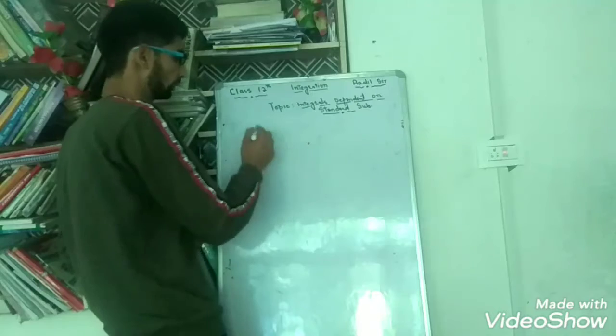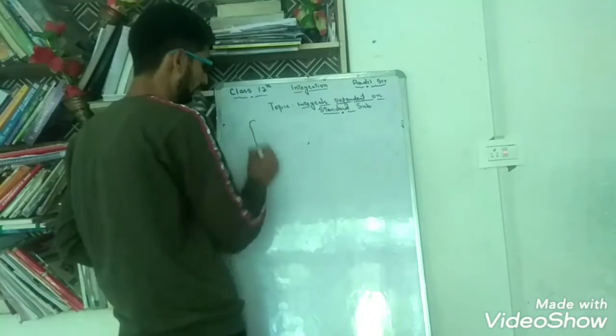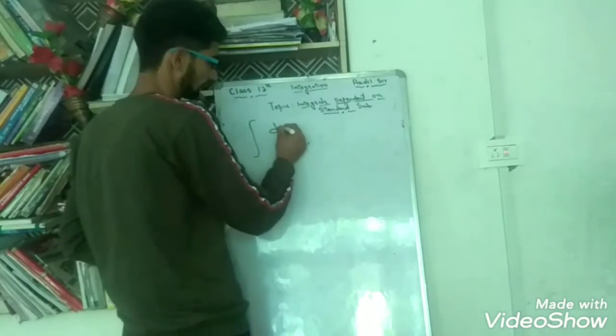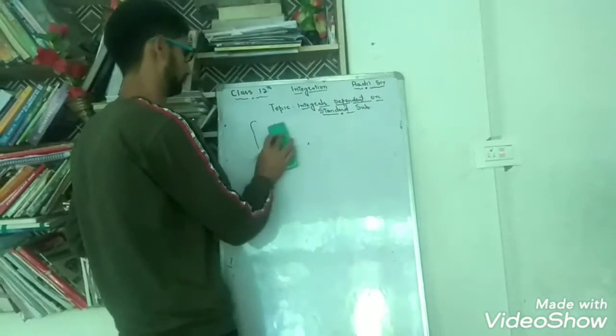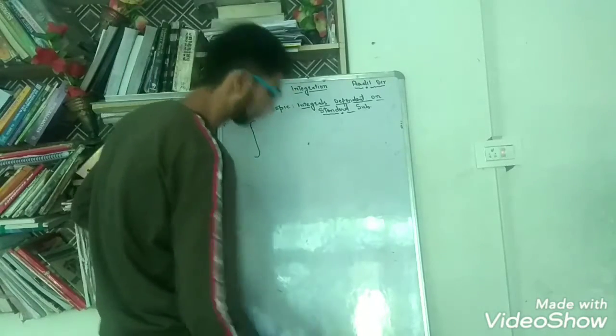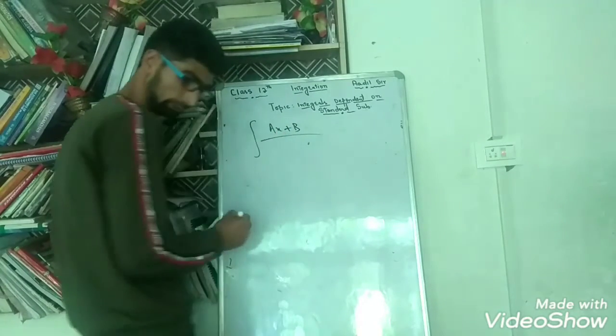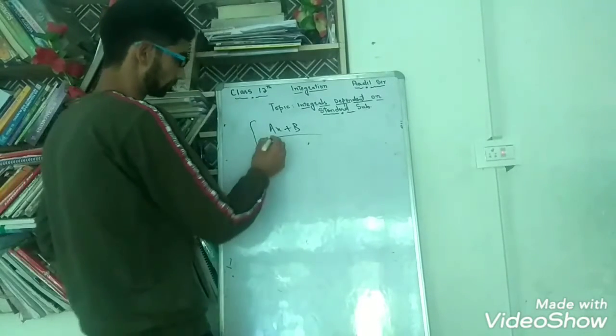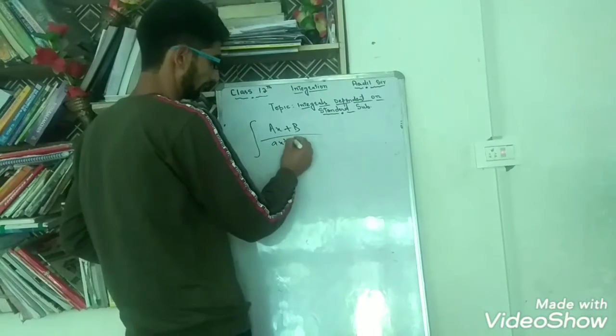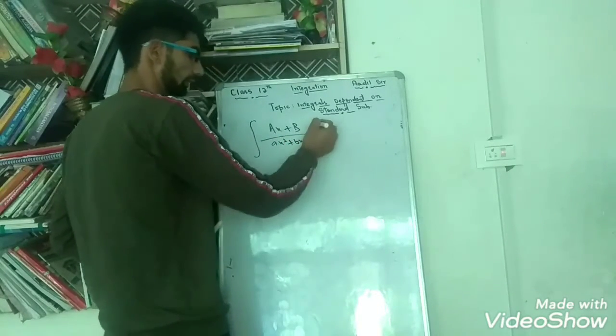I will just tell you because the time is running now, beta. If we have an integral of the form ax plus b divided by ax square plus bx plus c dx.